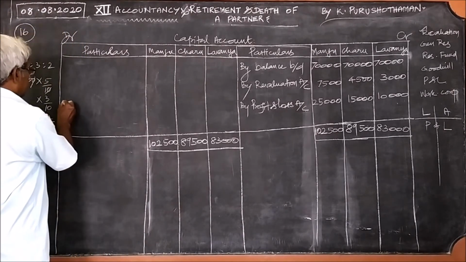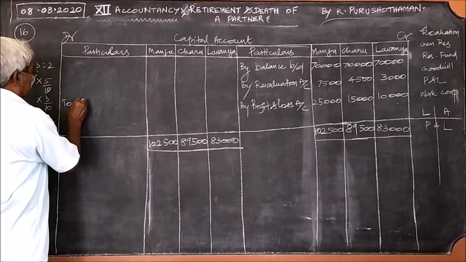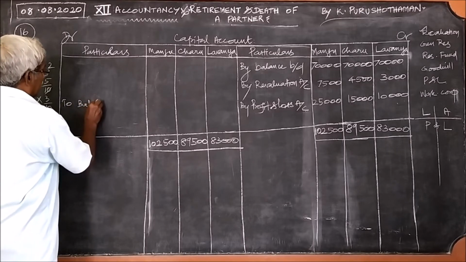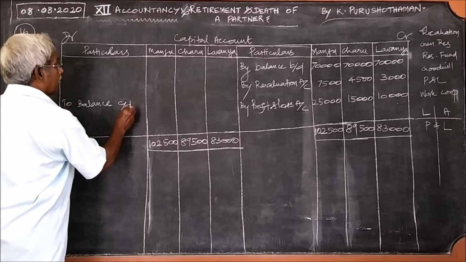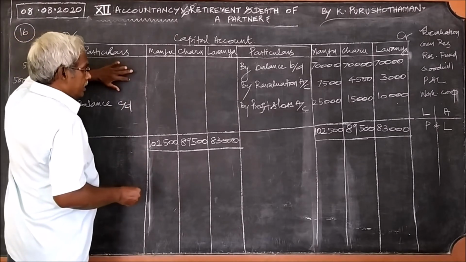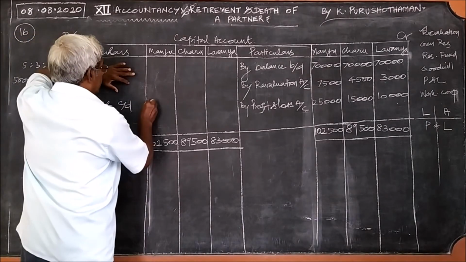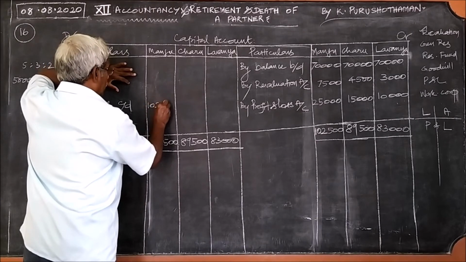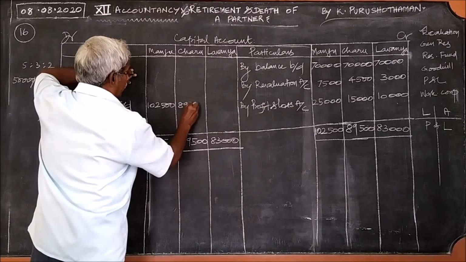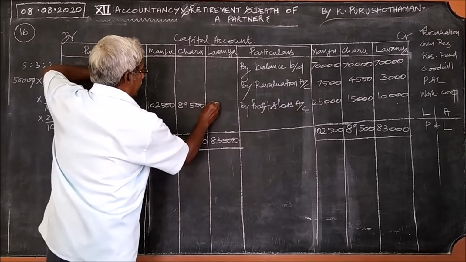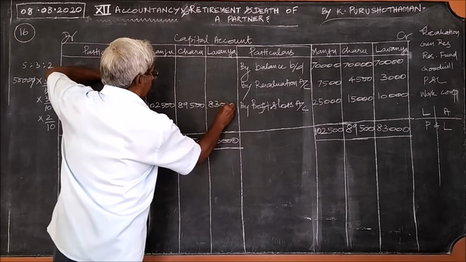Here we can write to balance carried down. Since there is no entry, what we used to write: 1,02,500, 89,500 and 83,000.